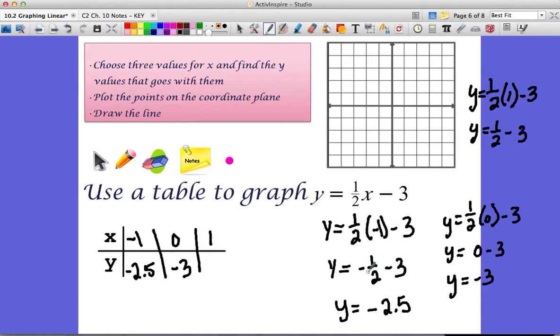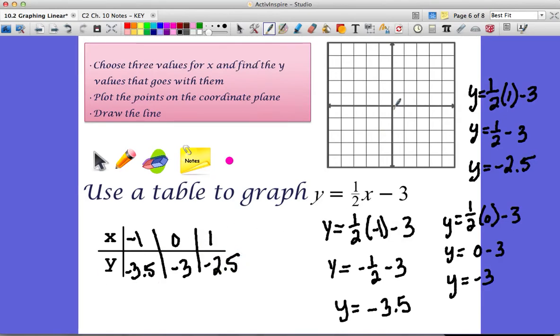Since I started at -1/2, my answer isn't -2.5. It is actually -3.5. I apologize. Those negatives can be tricky. But that's why they give us an eraser with our pencil. So -1/2 minus 3 gives you -3.5, and then 1/2 minus 3 gives you -2.5.